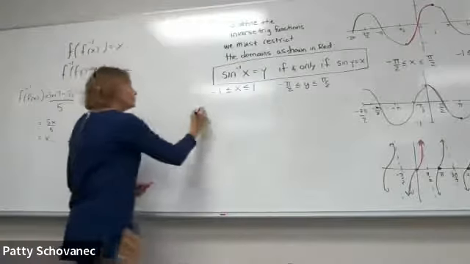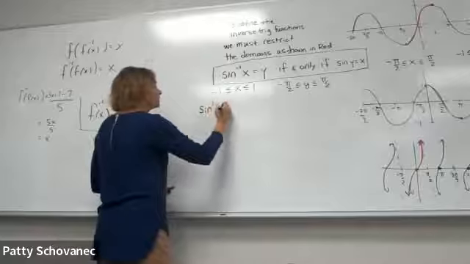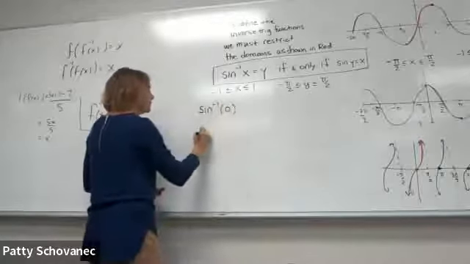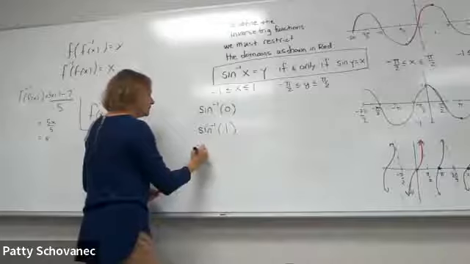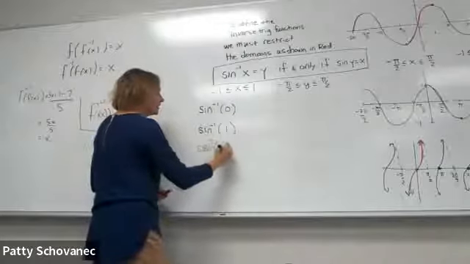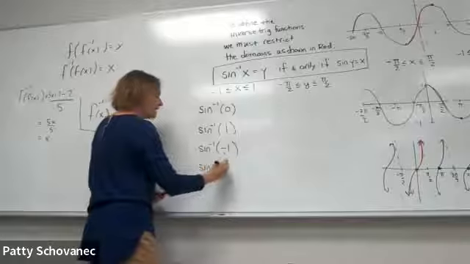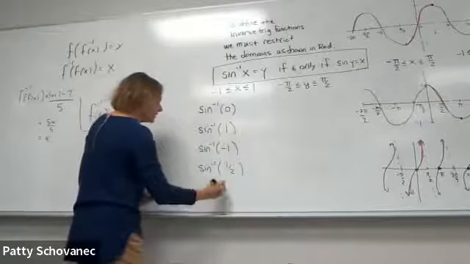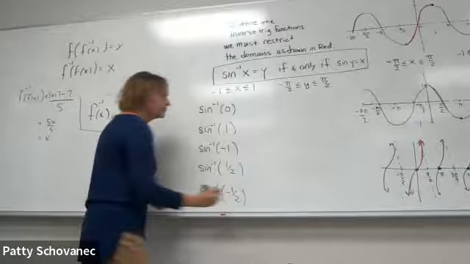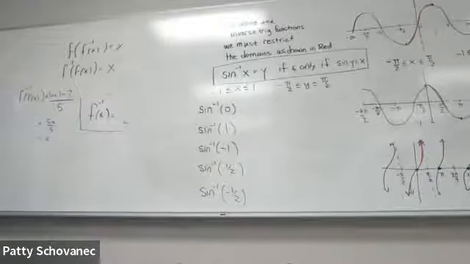And so I want you to find for me these values: the inverse sine of 0, the inverse sine of 1, the inverse sine of -1, the inverse sine of a half, and the inverse sine of -1/2. The inverse trig functions take real numbers and spit out angles.